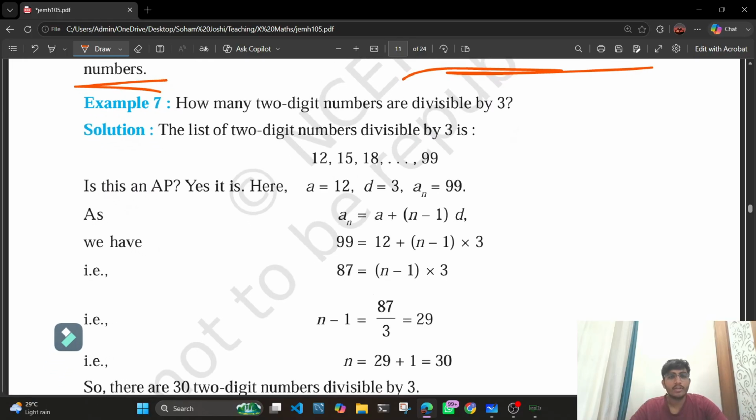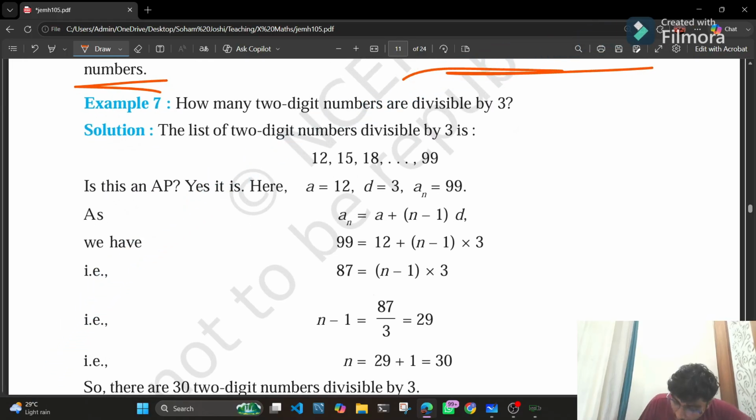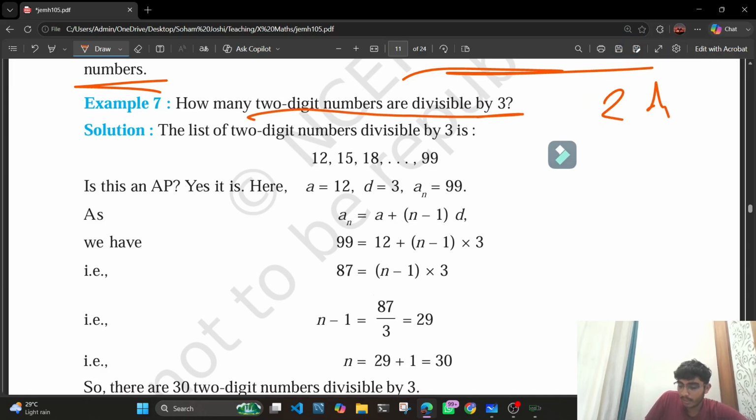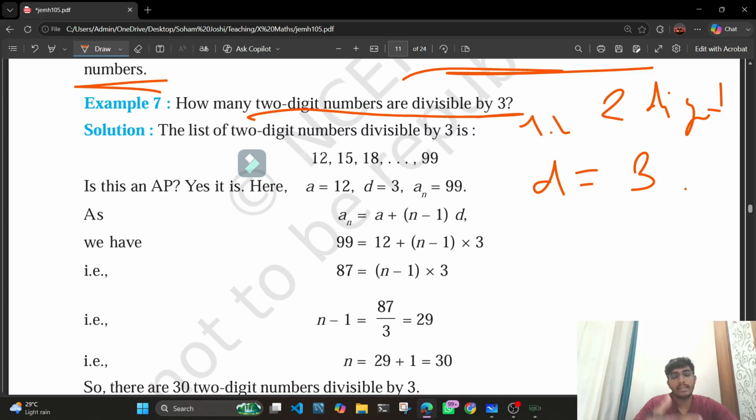One more type of question that you need to solve is: how many two-digit numbers are divisible by 3? If the number is divisible by 3, the common difference would be 3, because 3, 6, 9 are all divisible by 3.